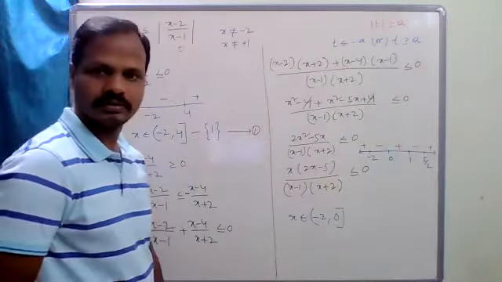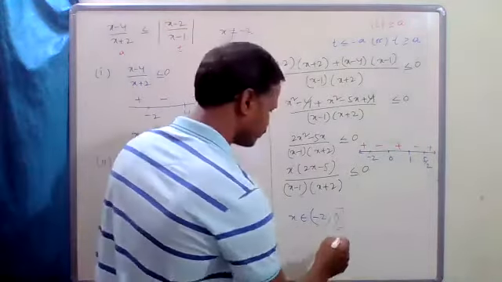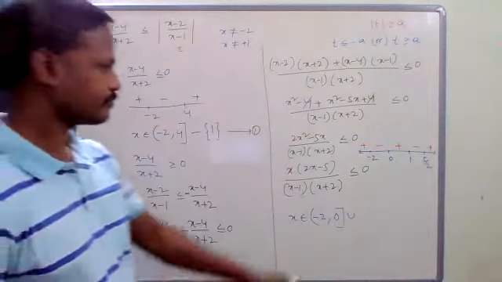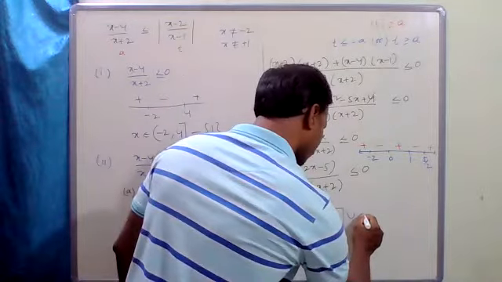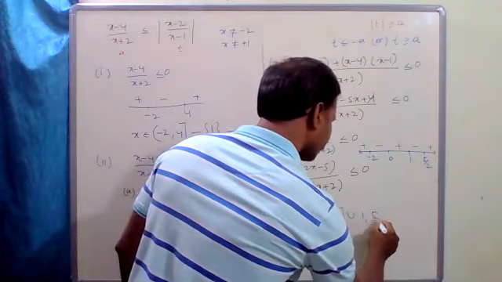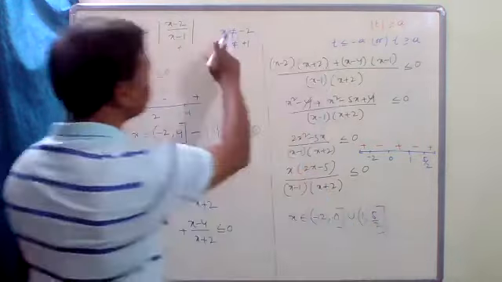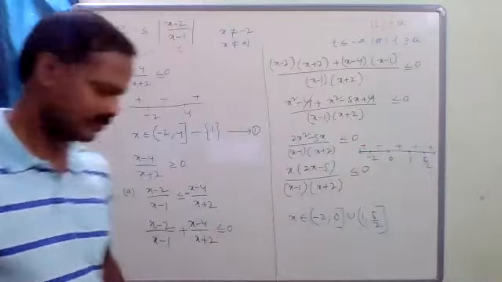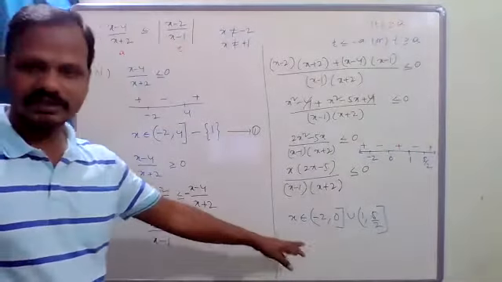Next, union, then 1 to 5 by 2. 1 should not be included because x not equal to 1. So open interval 1 comma 5 by 2. Is it clear? Up to here, is it clear to everybody?